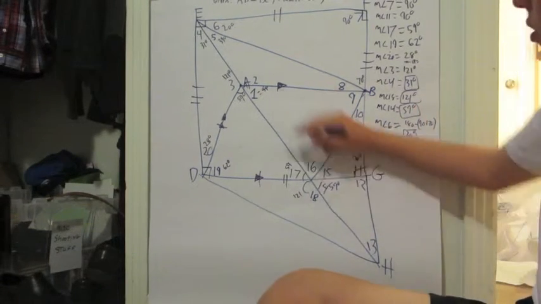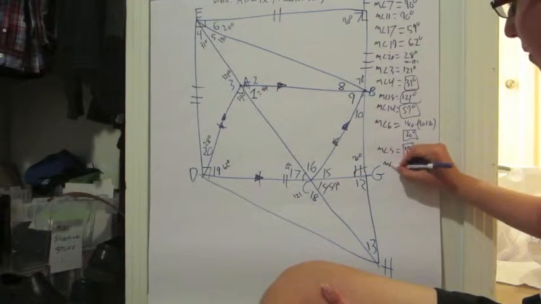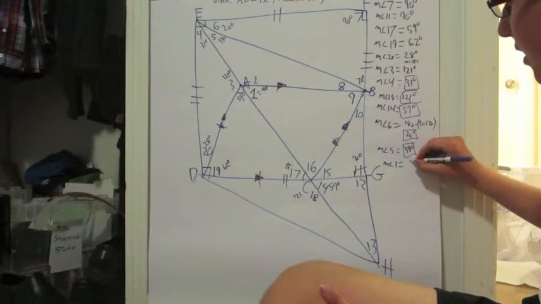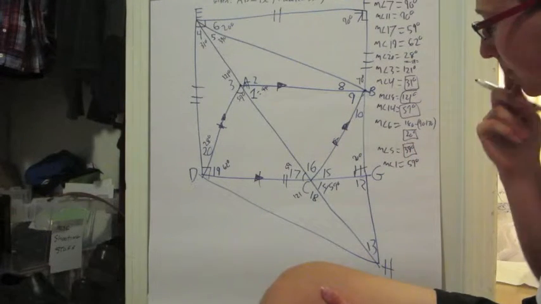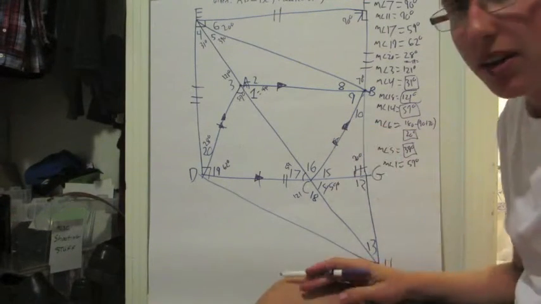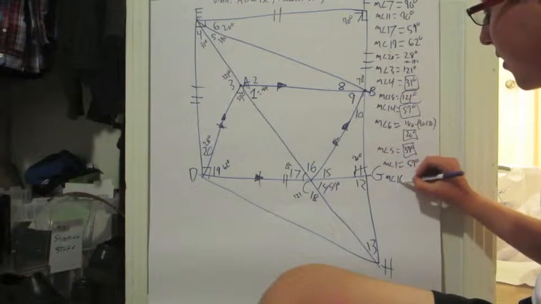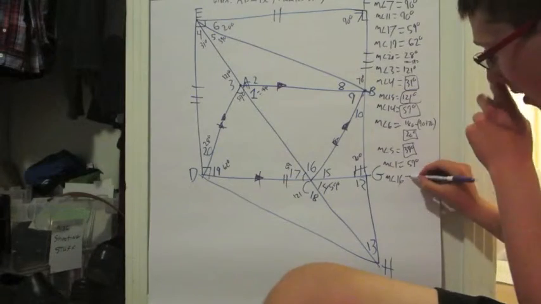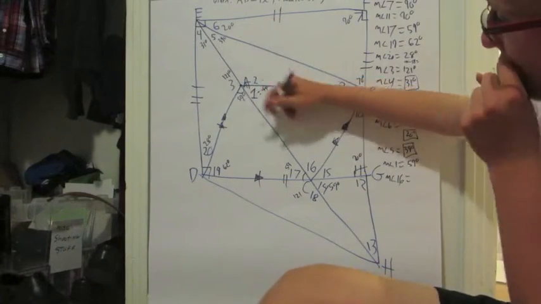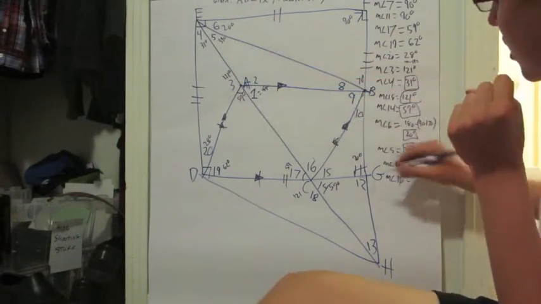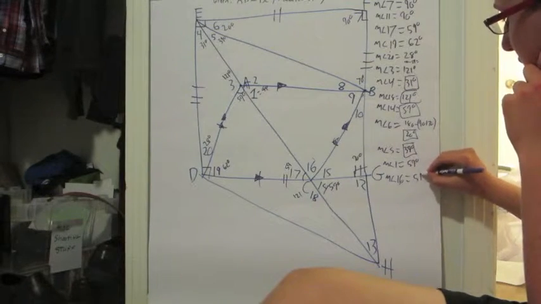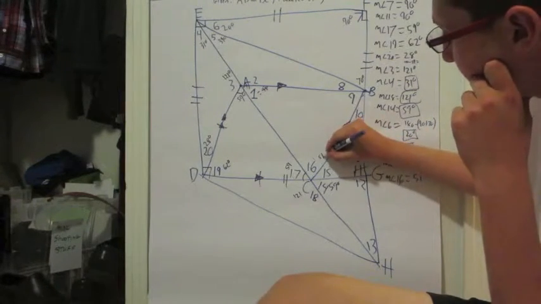Since these are two alternate interior angles, the measure of angle 1 is 59 degrees. Seeing this property in place, we can figure out the measure of angle 16 by seeing that these two are also alternate interior angles. So 16 would also be 59 degrees.